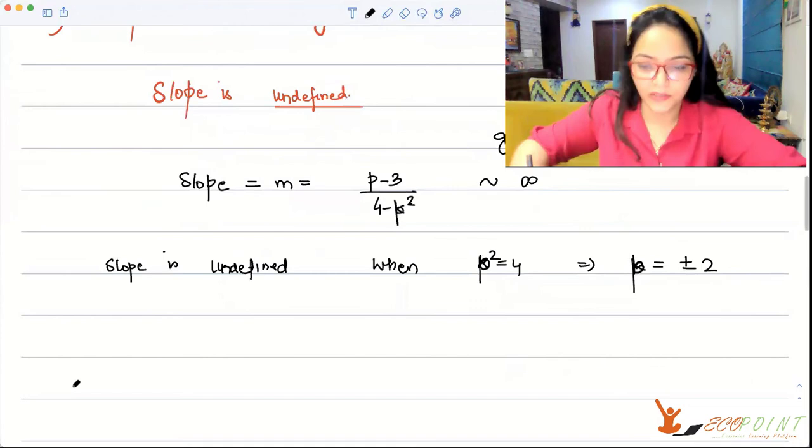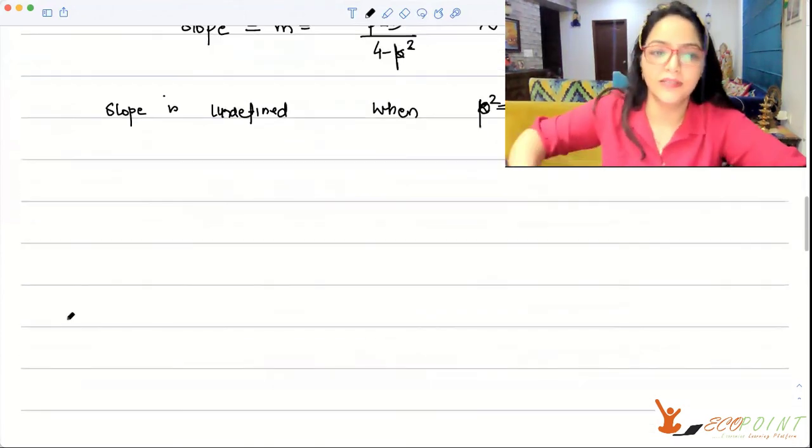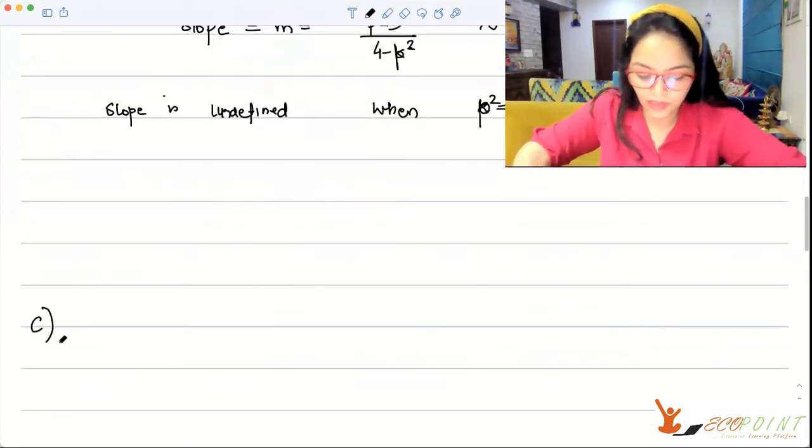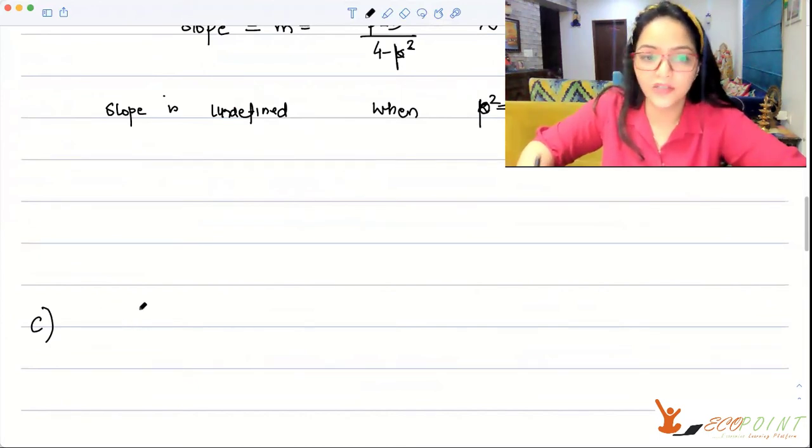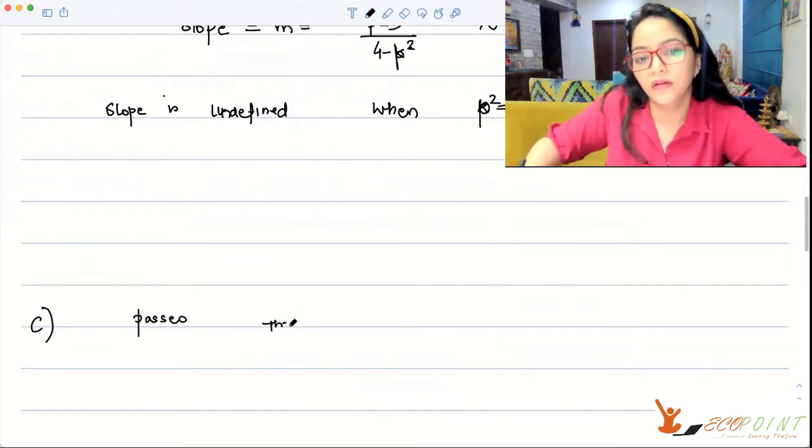Now the third part to it is the value of P such that it passes through the origin.